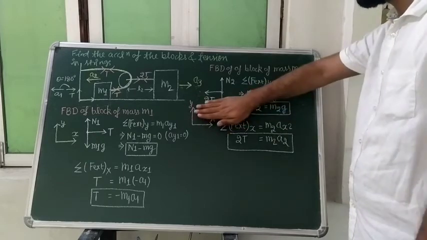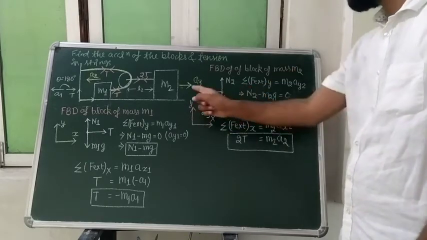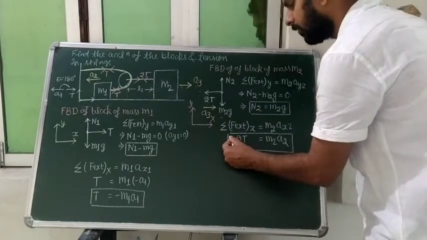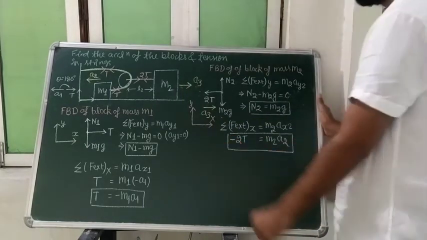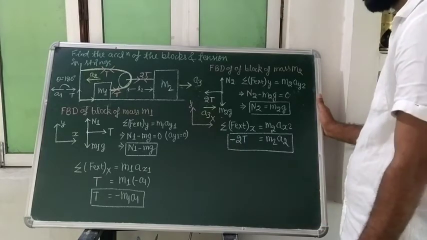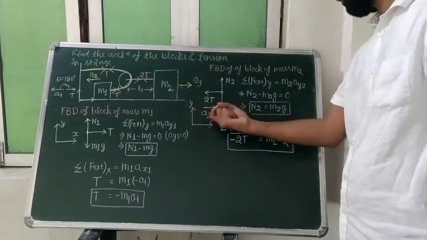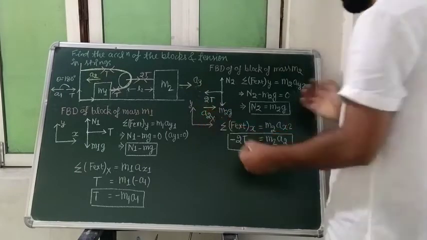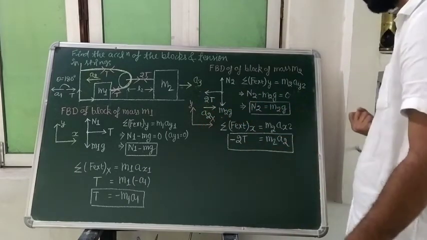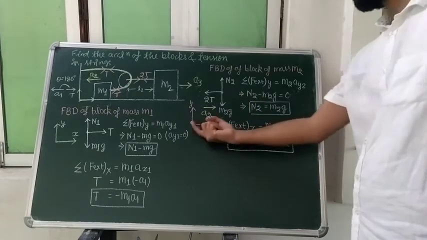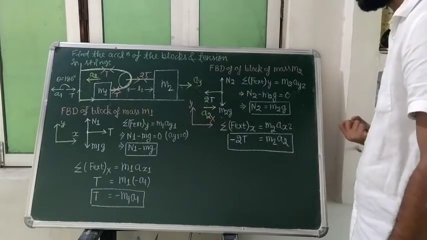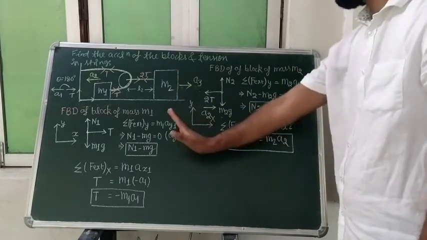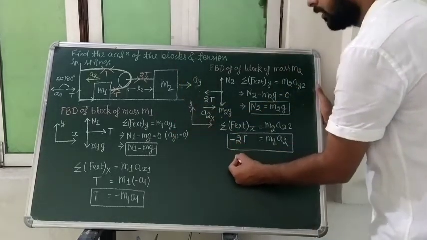Of course, students, this 2T will be on the negative side, so here you will put a minus, because this A2 you have considered in this direction. So this side is the positive coordinate you have selected. So this 2T should have a negative sign, so you will put a negative sign here.